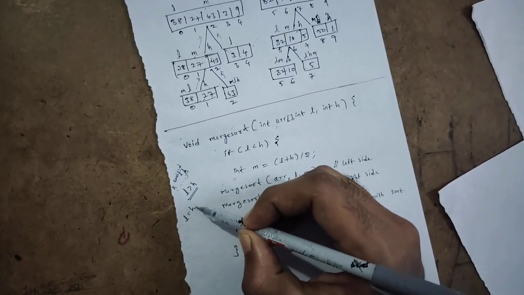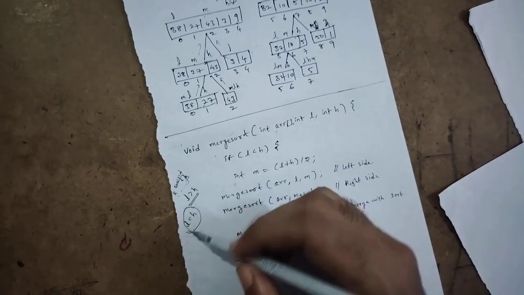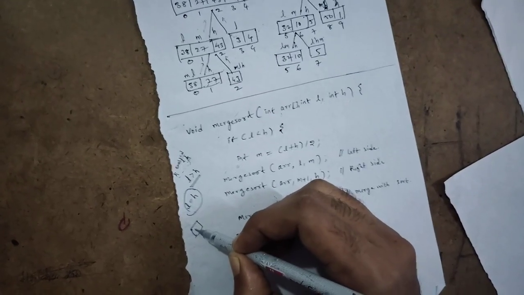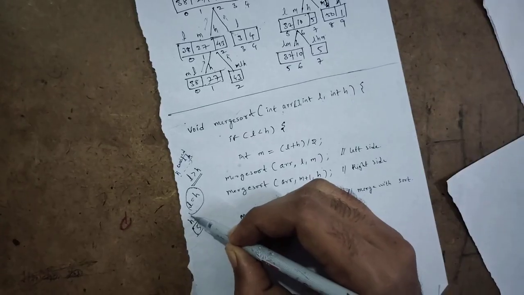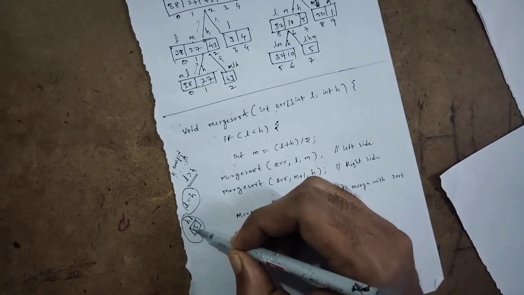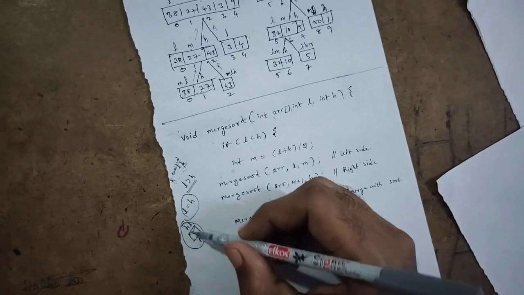When L equals H, there is also no need to do merge sort because there is one index and one element, that is 5. In that example, H and L are the same and mid is also the same, so we don't need to do any sorting technique here.